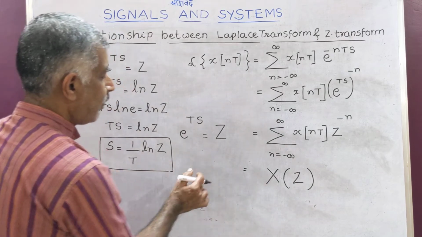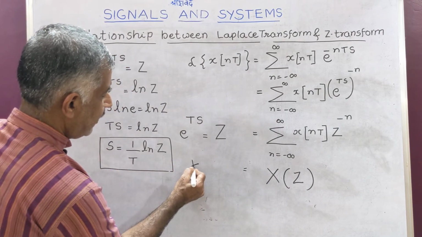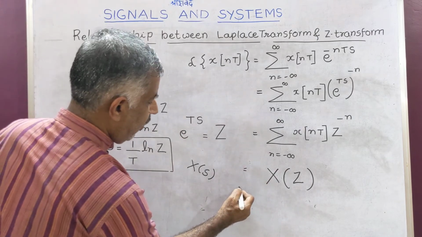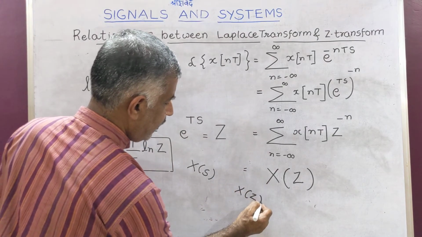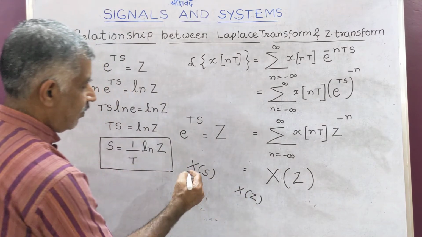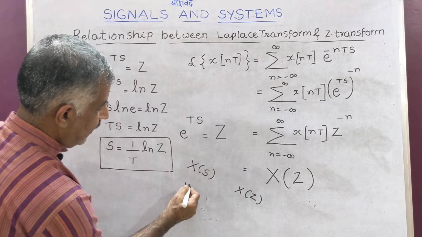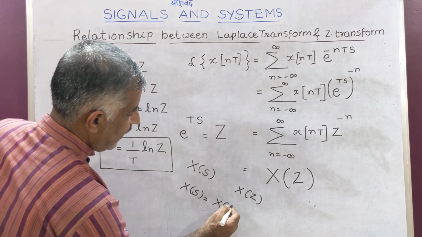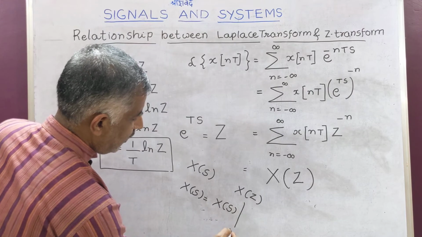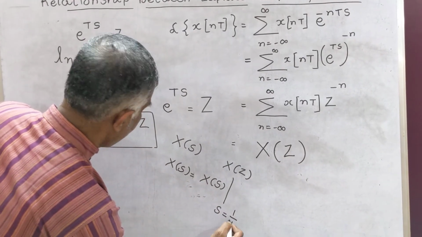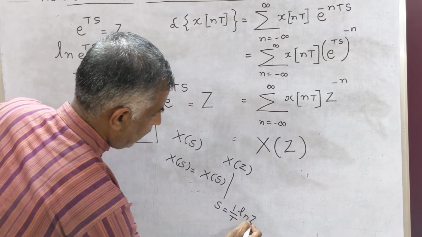Therefore, in the Laplace transform we call it X of s, and in the z transform we call it X of z. So what is X of z? X of z is the same as X of s, substituting s equal to 1 by T ln z.